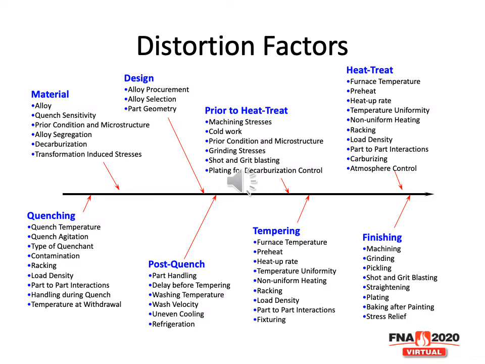Again, thicker parts will heat up slower than thinner parts, and the thinner part of the same part will heat up much faster if it's attached to a thicker part. With temperature uniformity, you can see different amounts of transformation on tempering. Again, racking, low density, part-to-part interactions.